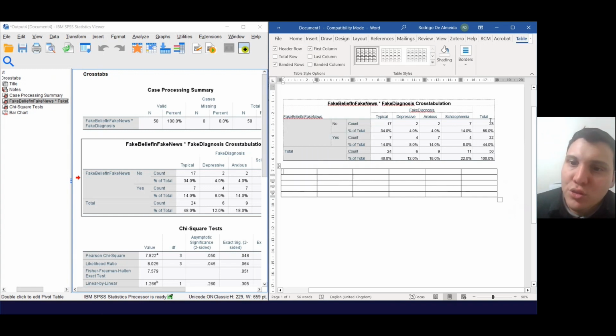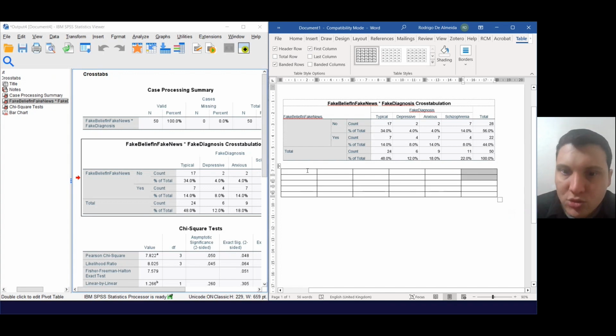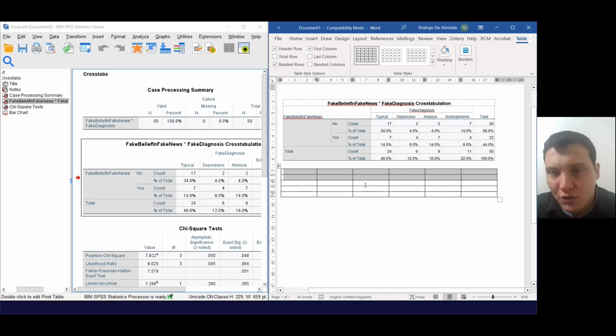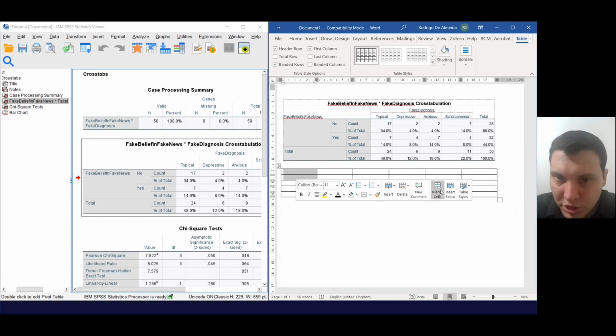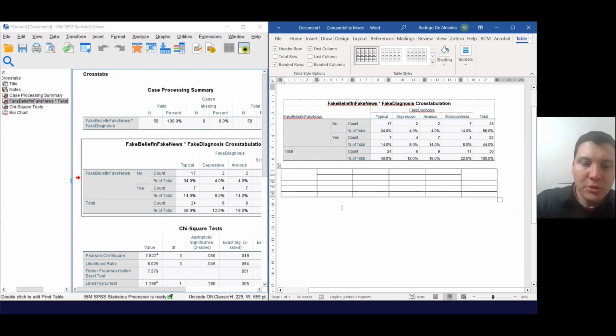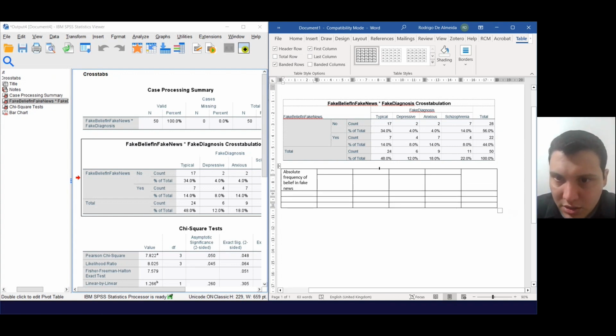Right. So we know we're going to need two rows for the double-decked headings, but we are not going to need two rows here and here. So for us to have the same space going on for the whole headings, we're going to merge these two here, merge cells, and merge these two here, merge cells. All right. Here we are going to have absolute frequency, or it could be count as well, of belief in fake news, right?